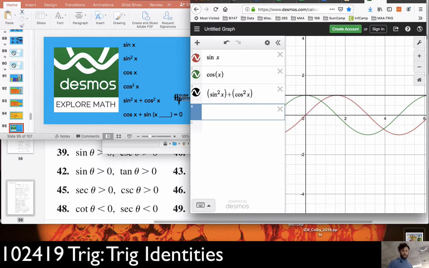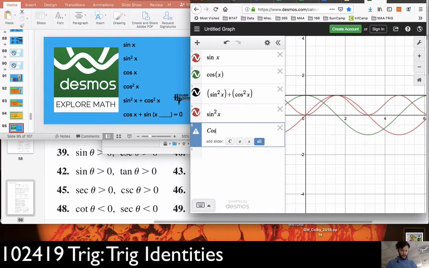Right. So let's put sine squared of x back on there, and then let's put cosine squared of x on there. All right.